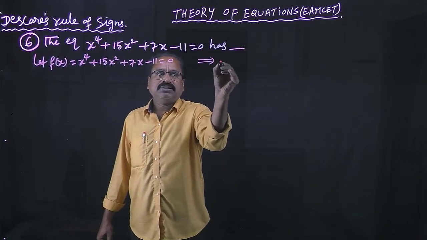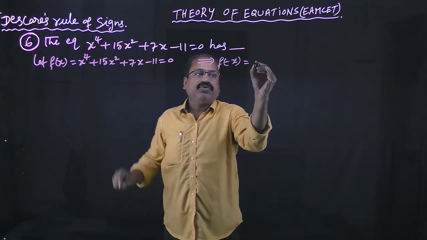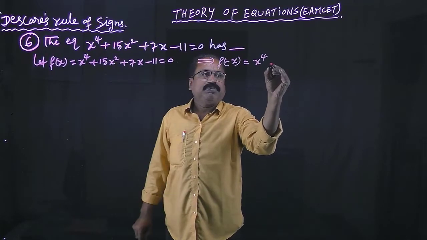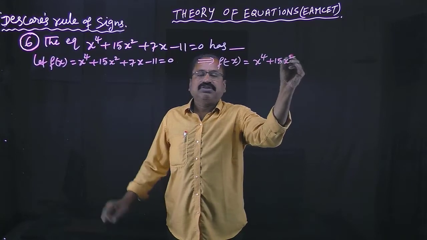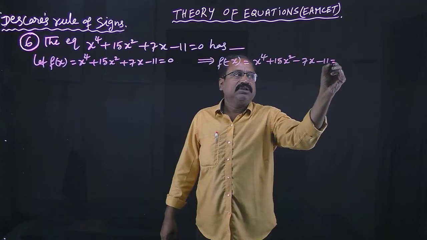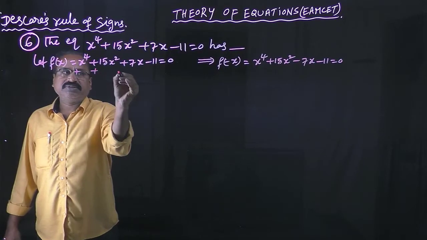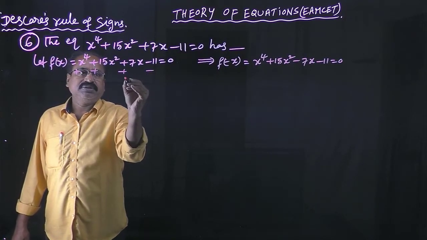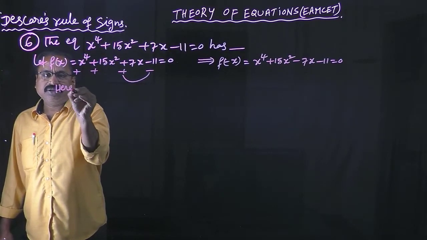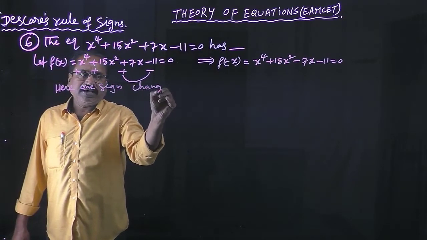So this implies f of minus x is equal to minus x whole power of 4, that is x power of 4, minus x whole square, that is plus 15x square minus x minus 7x minus 11 is equal to 0. Here plus, minus. So one sign change.